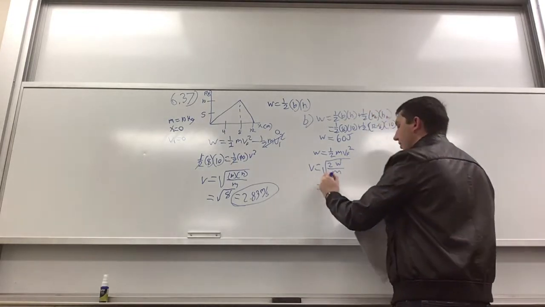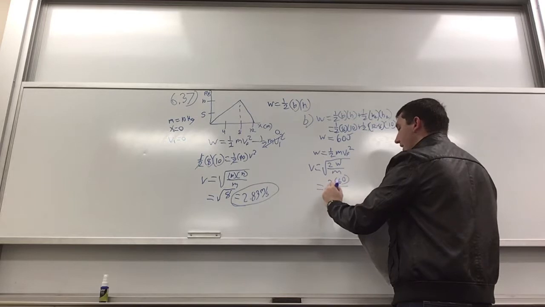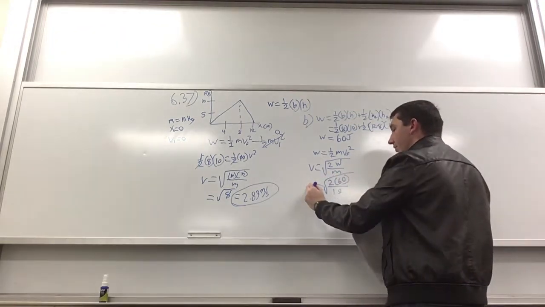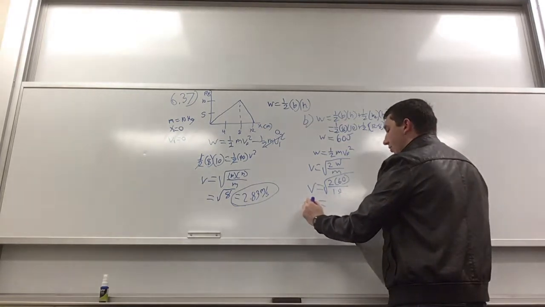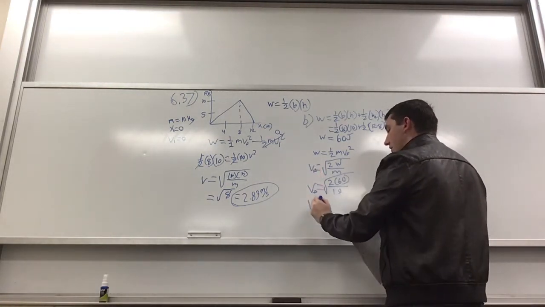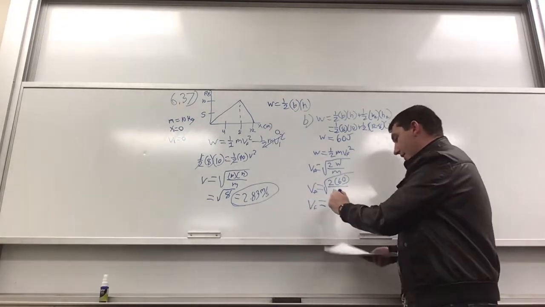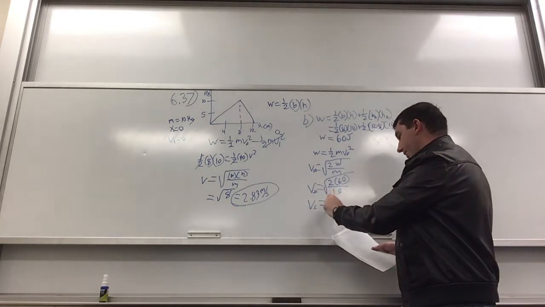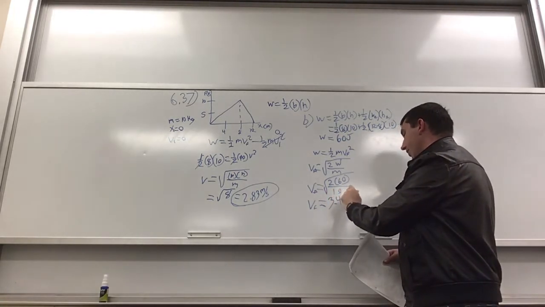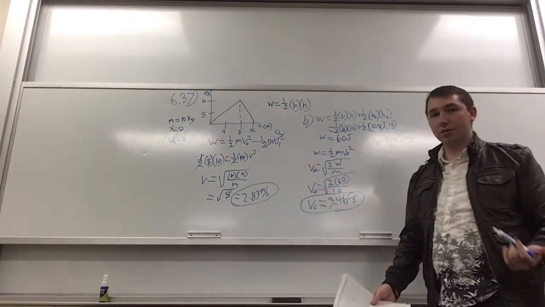When you put your variables in, that becomes 2 times 60 divided by 10, all of that under the square root. And that gives you a final velocity of 3.46 meters per second when the sled has gone 12 meters.